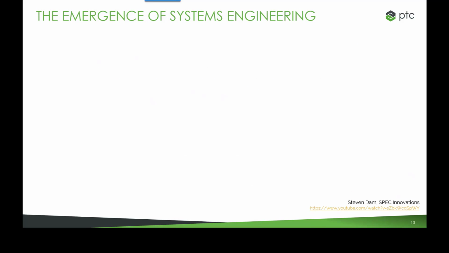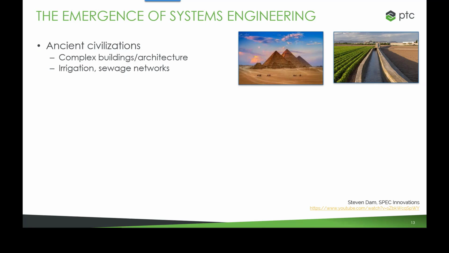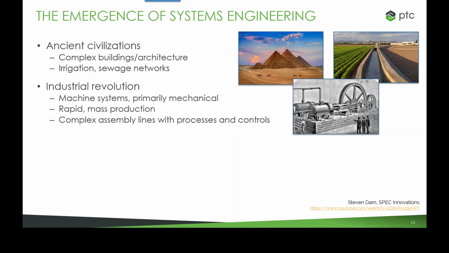Okay, so let's step back and think, when did systems engineering really start to appear in our world? Well, there were some of the characteristics of systems in ancient civilizations. Complex buildings, irrigation systems, sewage systems. They were pretty simple though. When we moved into the Industrial Revolution, the machine age, we started to create machine systems.